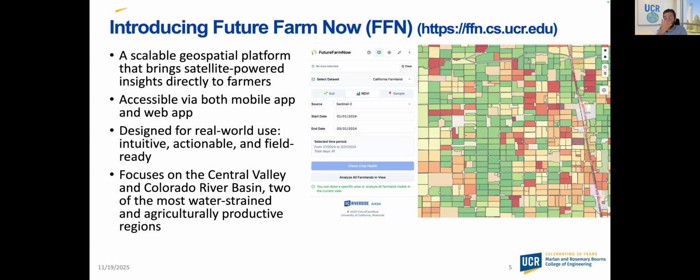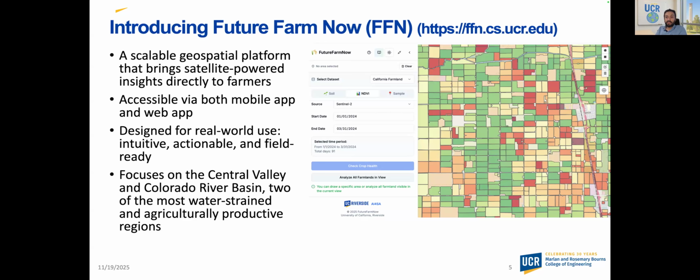It's an online tool. It can be accessed from a phone or from a web browser, and it gives you access to large amounts of satellite data and makes it much easier, so that just from a phone you can do a few clicks and get some information about your field and understand more about how to utilize satellite data.